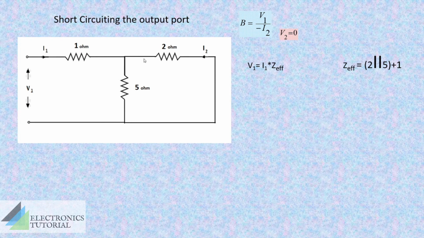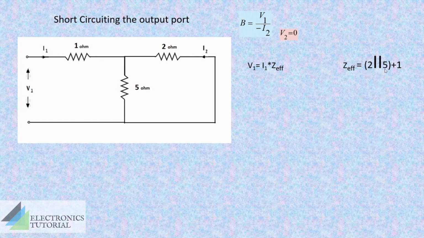Here it is connected and the other ends are also connected. So it is a parallel connection. This parallel combination, 2 parallel 5, is then connected to 1 ohm. 1 ohm and this impedance is connected here, but the other side is not directly connected, so it will be a series connection. You know how to reduce this.